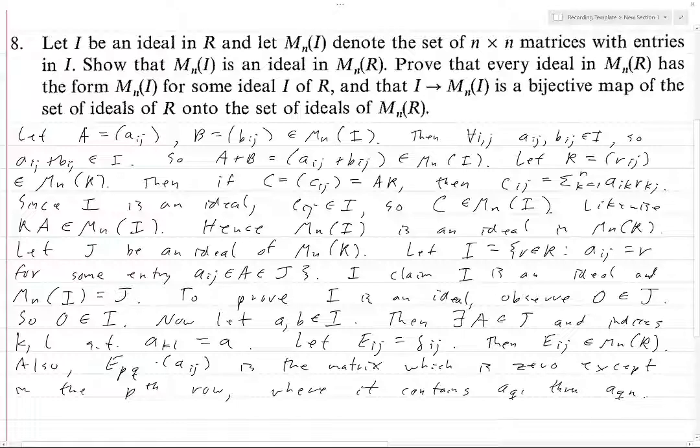You can just verify that. Then where am I going with this? Where is past me going with this? This times E_rs, so this is just delta. It's going to be a 0 matrix most places. Its ps entry will be a_qr. Okay.